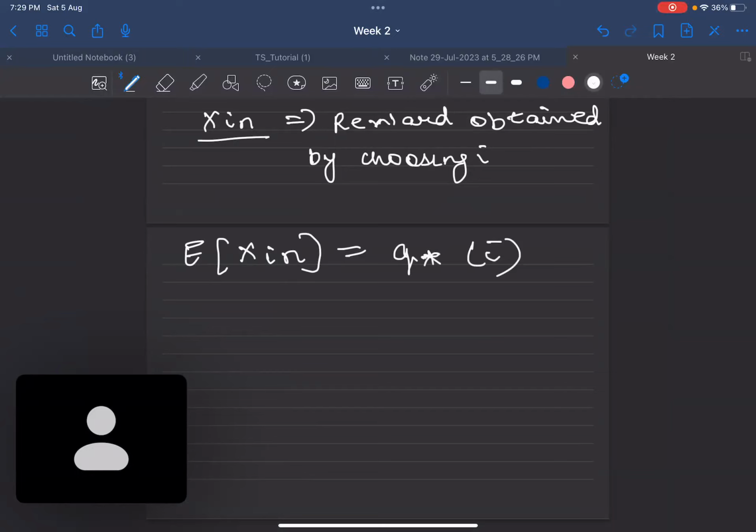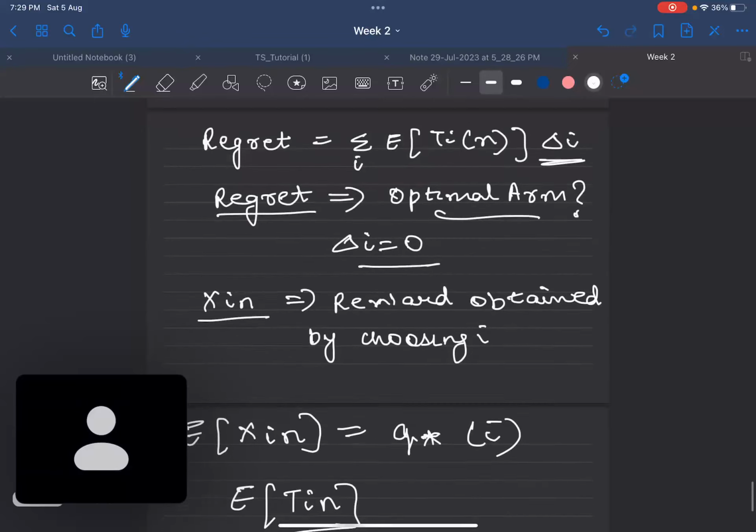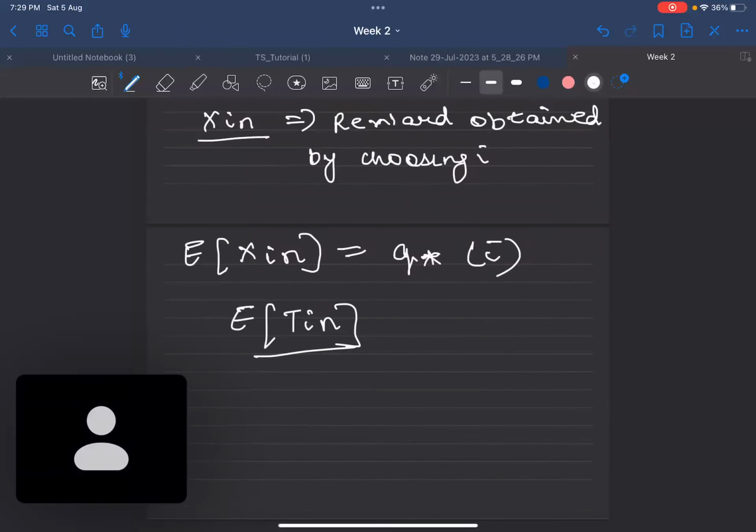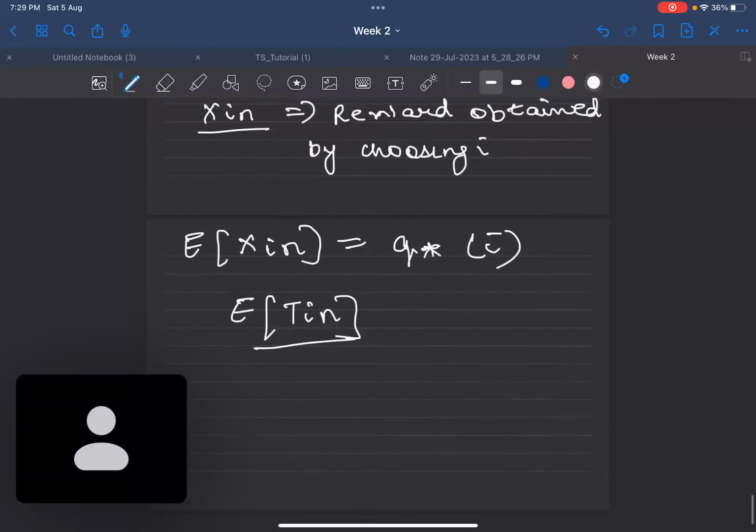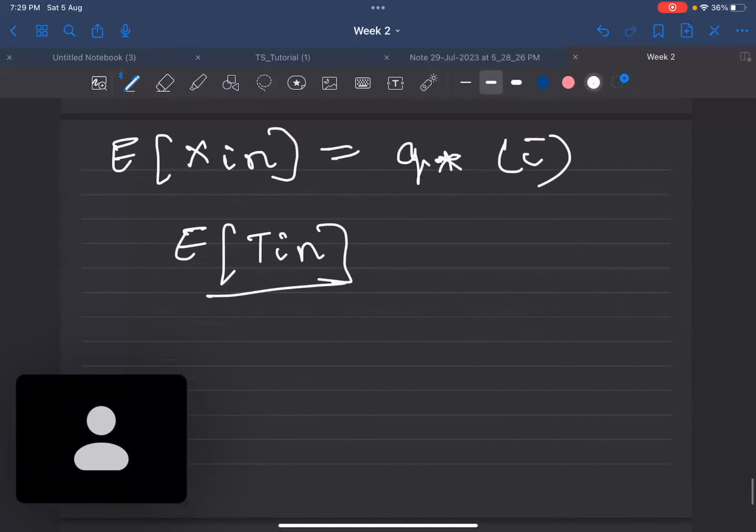Actually, it should be the expected reward. Now we are saying that the expected T_I of n, basically the regret here, should be bounded. That is what we are going to prove in this theorem. Let us go forward.